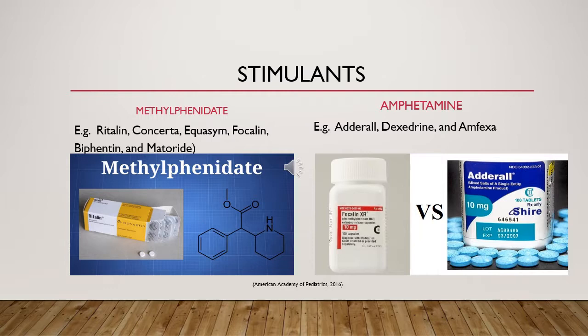Methylphenidate binds to the dopamine transporter and blocks the reuptake of dopamine from the synaptic cleft, whereas amphetamines increase the availability of norepinephrine and dopamine at the synaptic cleft by displacing them from the presynaptic terminal storage sites and by blocking the action of a degradative enzyme.